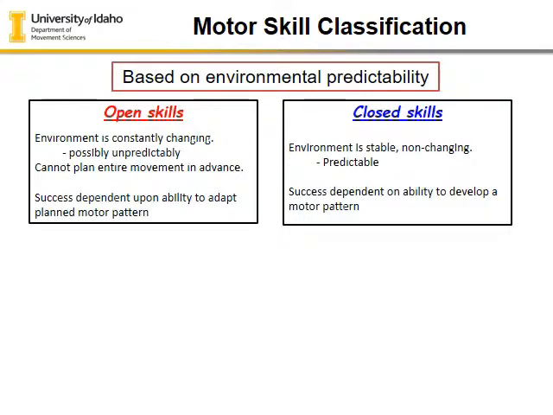So closed skill, the environment is stable. It's not changing. It's very predictable. Versus the open skill, where the environment is consistently changing. It varies. We don't know. It's unpredictable, right? So you cannot have a pre-planned beginning and stop or an execution. You have to be able to adjust through your swing or through any other task.